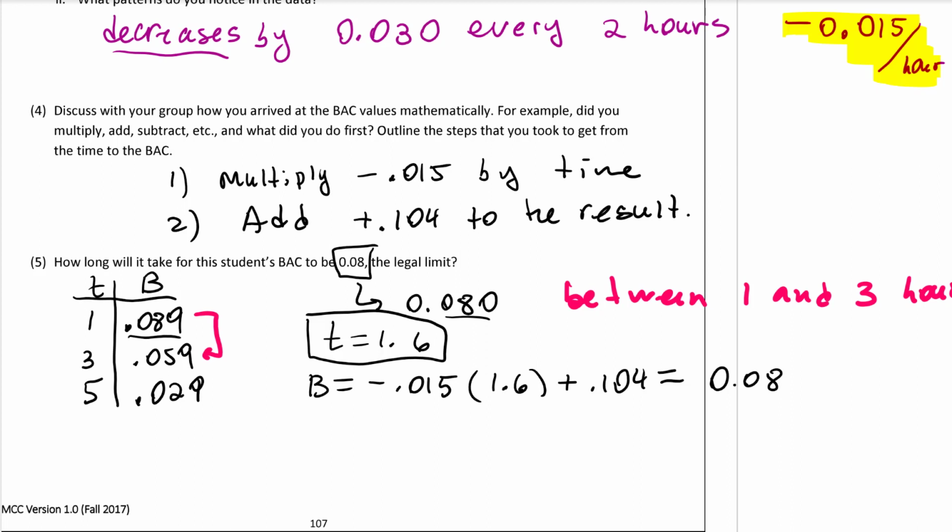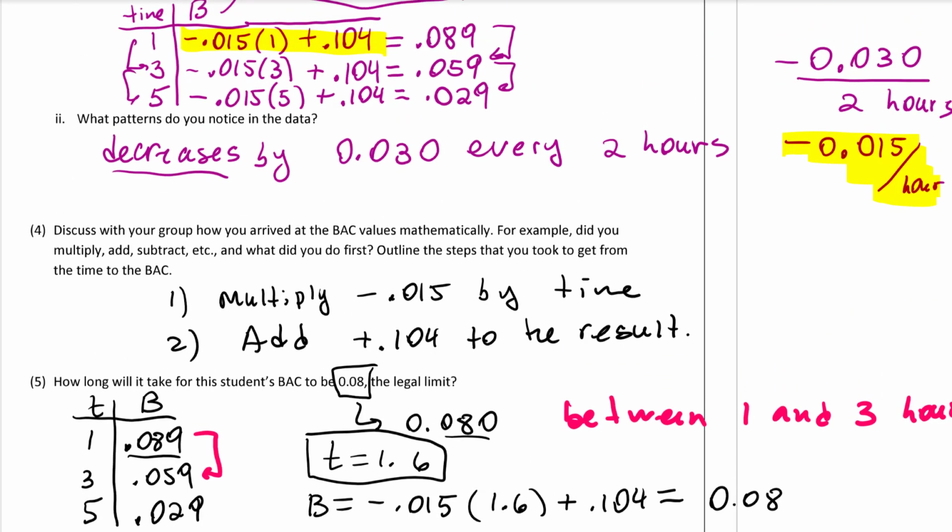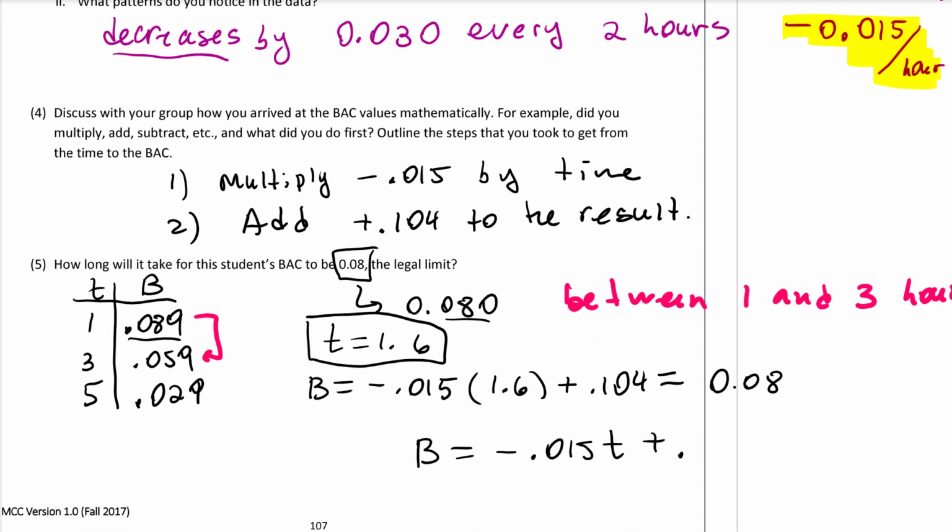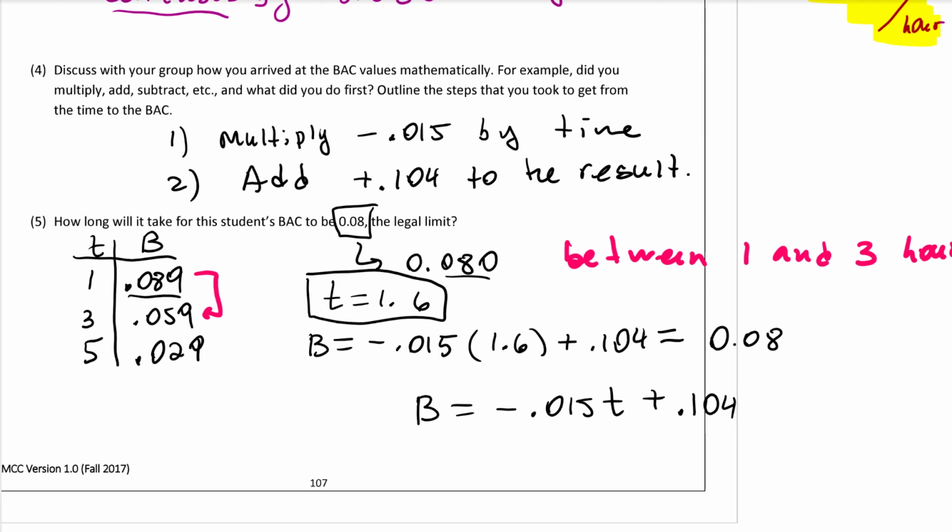So we got the equation, correct? B equals minus 0.015 t plus the BAC, which is 0.104. We are also given information that we want the BAC to be 0.08, the legal limit.